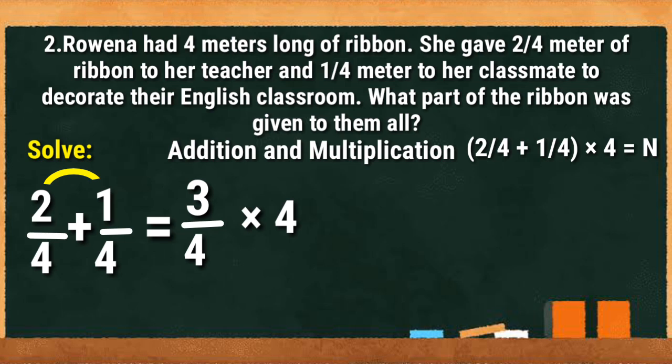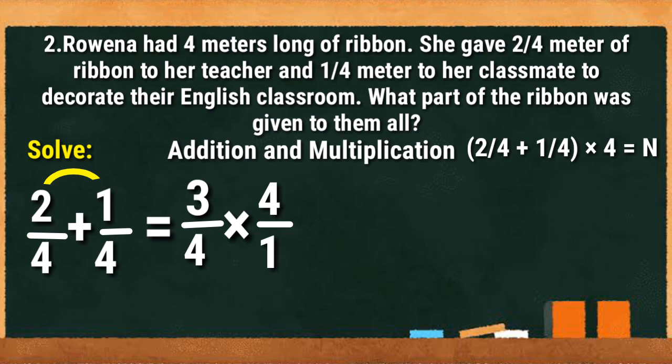So we have to multiply 4 times 3/4. We have to put 1 below 4 because we need to change the whole number into a fraction. So that is 4 over 1 times 3/4.